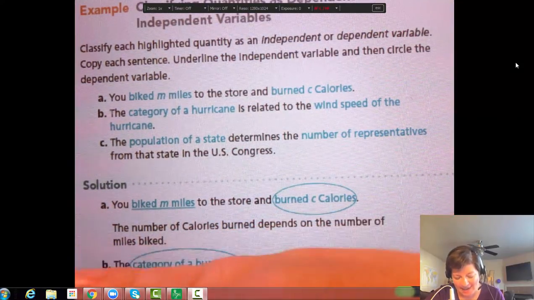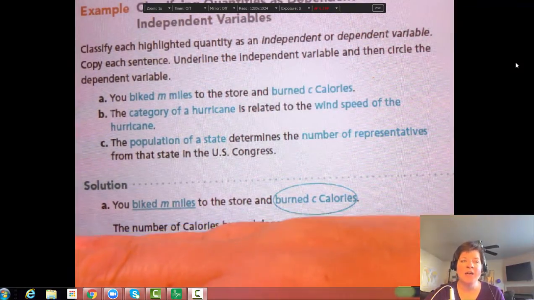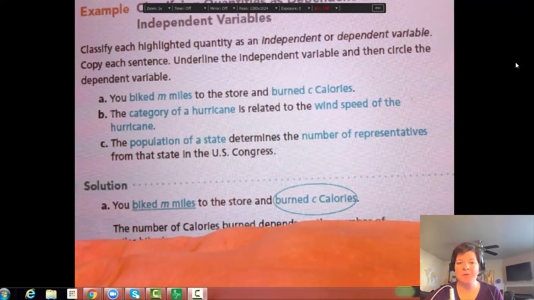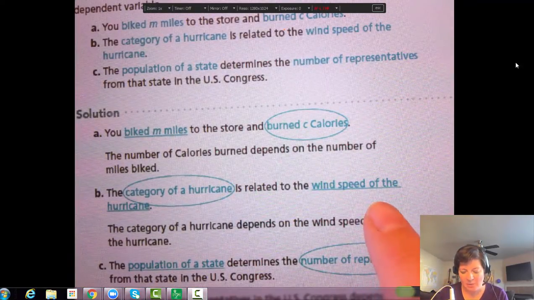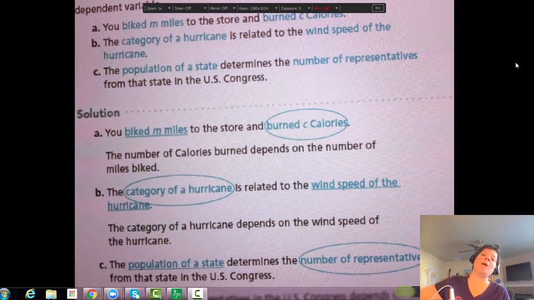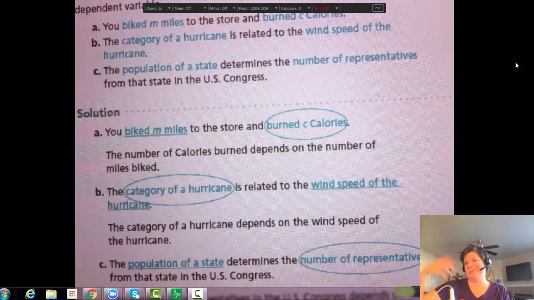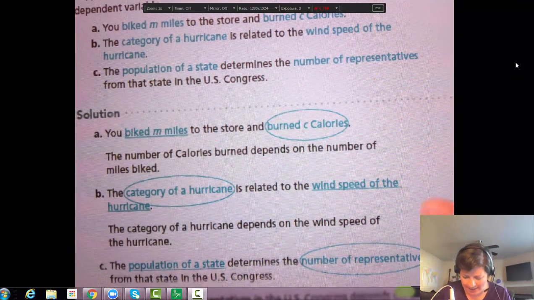So the category depends on how fast that wind is whipping around. So the way that I would think of that one is the wind speed would have to be our independent variable. So the wind is all different, right? But it does affect that category of that hurricane.